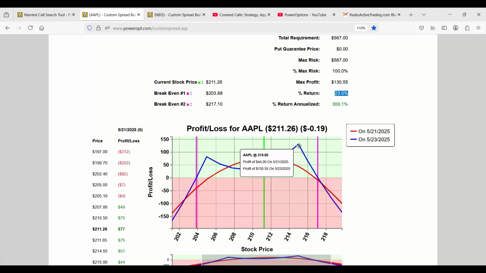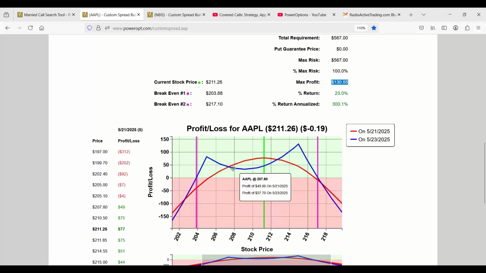Okay, the weekly expiration. In the middle here, right at the 210, or right where we are right now, the max profit at expiration of 5/23 is only $45. It's about a third of what you'd expect of the maximum return.